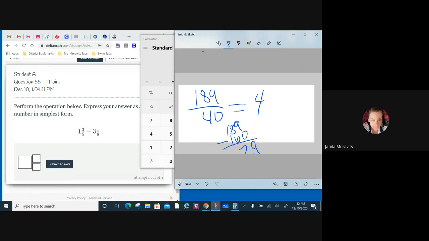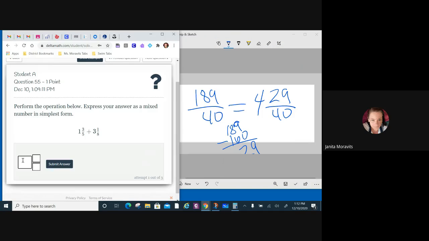That leaves us with 29 over 40. So we can check ourselves. 4 times 40 is 160, plus 29 is 189. So 29 is a prime number there, so we're not going to be able to make that any smaller. So we have 4 and 29 40ths.